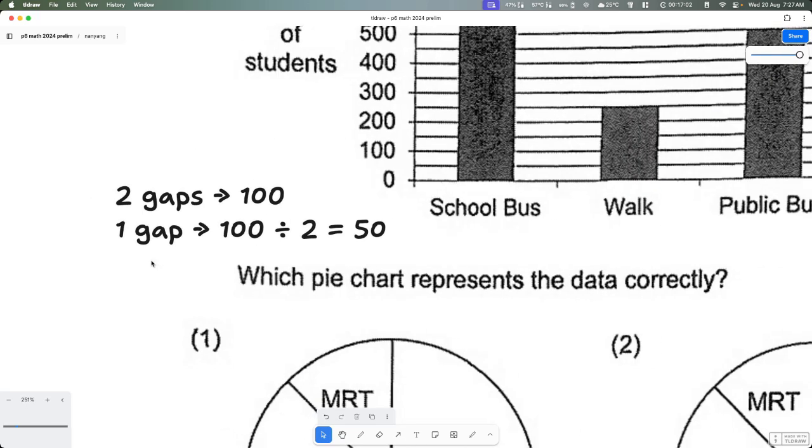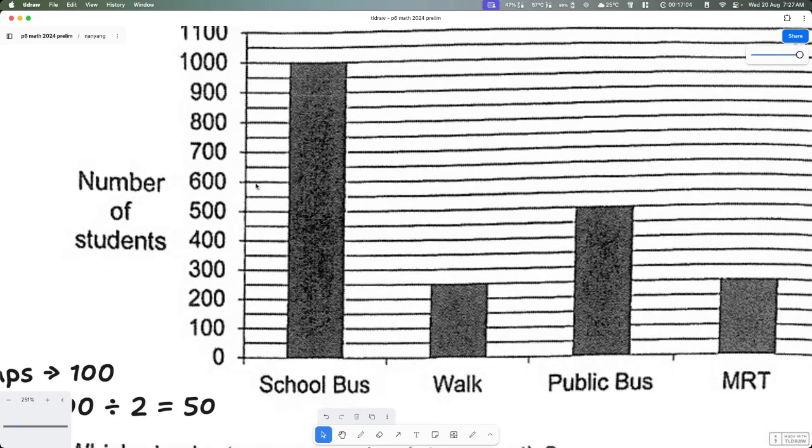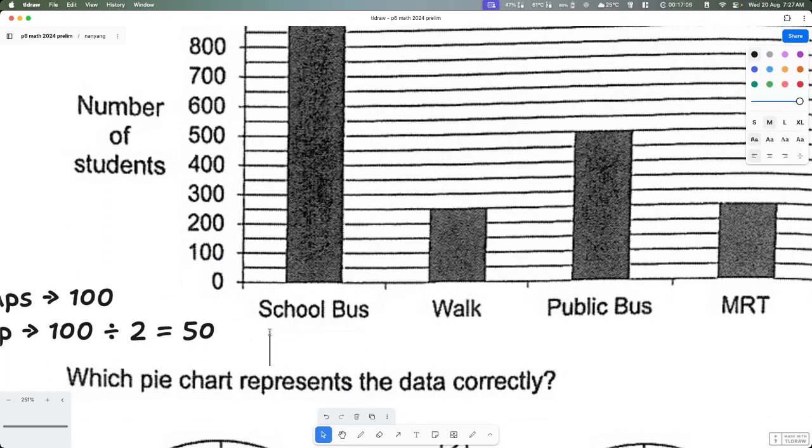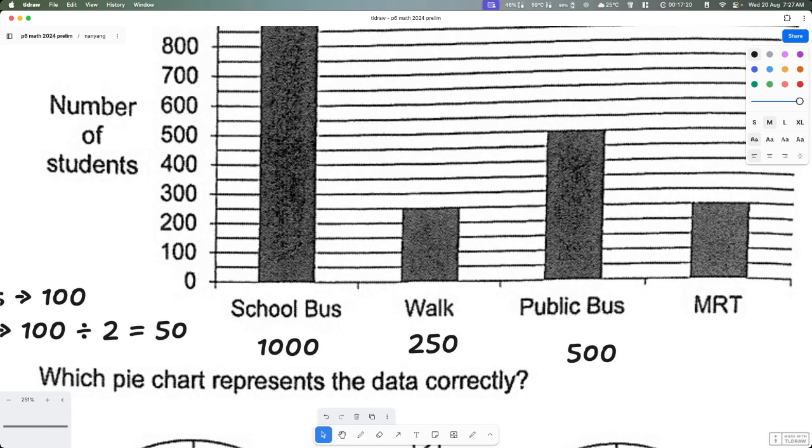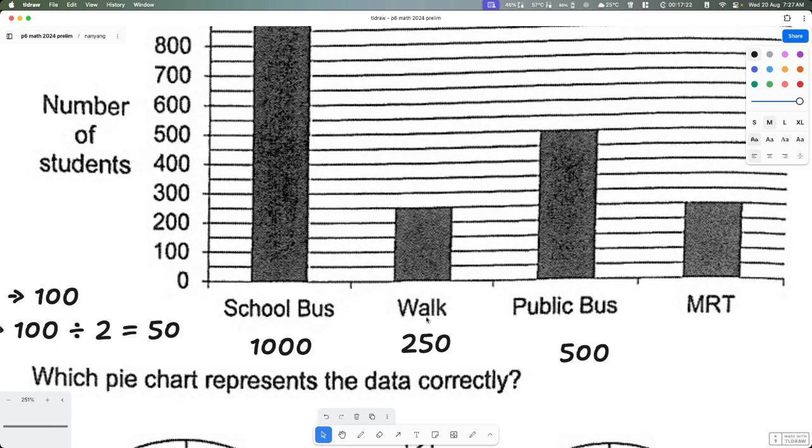Now we can see the number for each mode. The school bus is 1,000. That's a lot of people taking the school bus. Then we have walk, which is 250. We have public bus, which is 500. And we have MRT, which is the same as walking, which is 250.